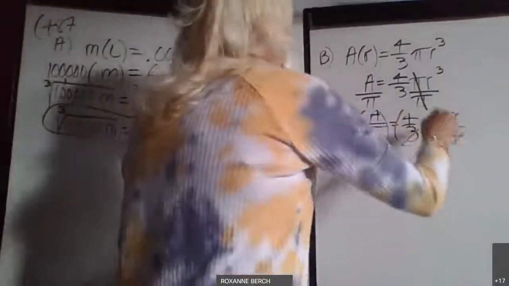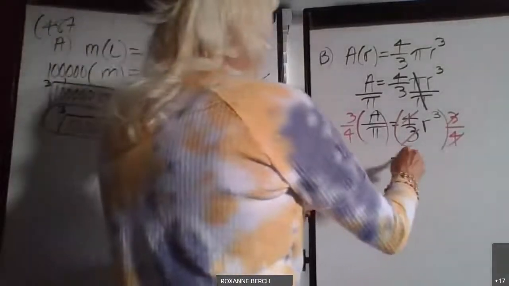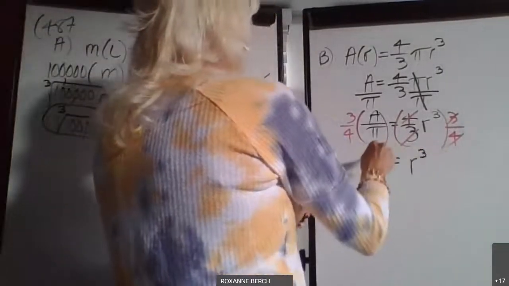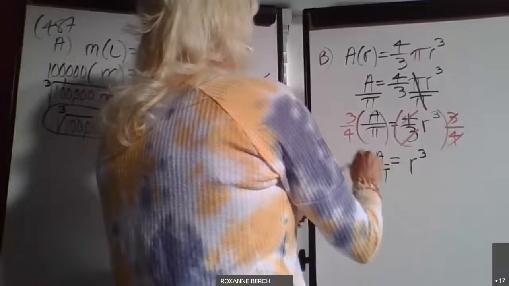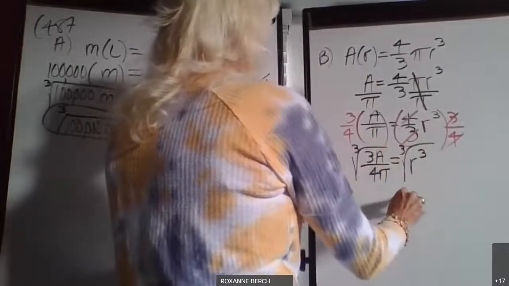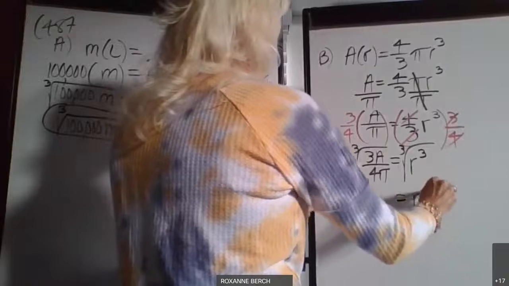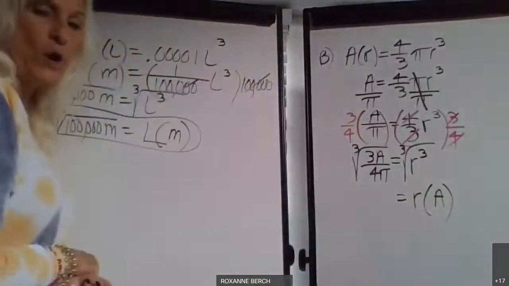So the 3's cancel, the 4's cancel. And we get r cubed is equal to 3a over 4 pi. And then I'm taking the cube root of both sides. So that would be the radius in terms of the area.